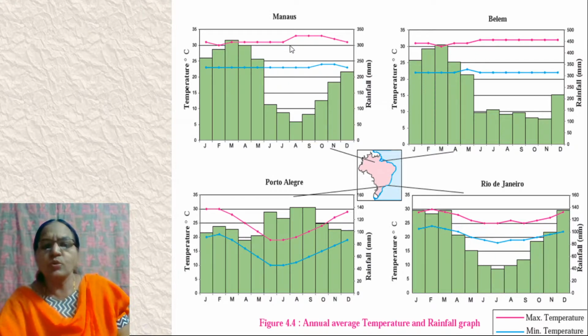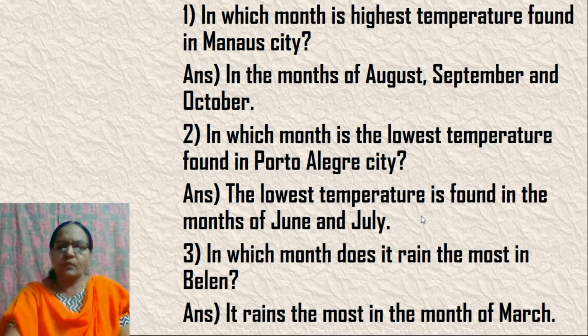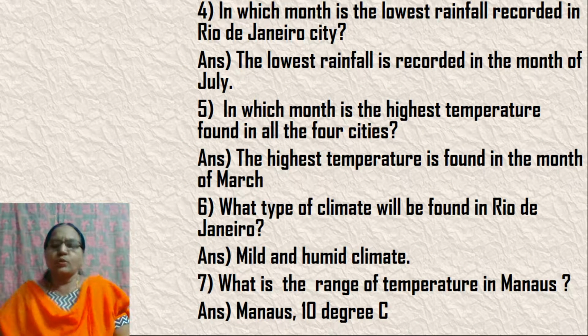So you'll have to look at the maximum temperature. Here it's again March. Highest temperature, so here also in all the four. So the highest temperature is found in the month of March.